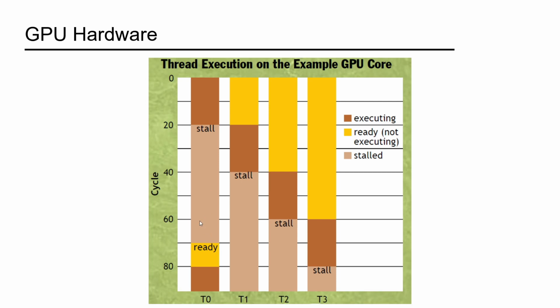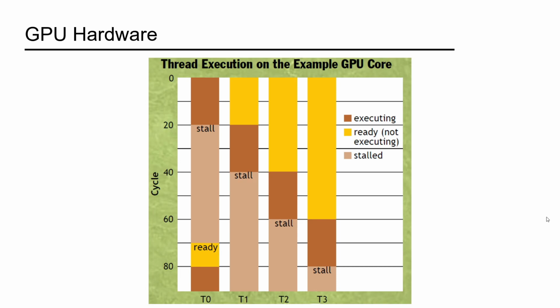Instead of letting the hardware stay idle, we can start executing the next thread until that stalls, and execute the next thread, and so on, to try to keep the utilization of our vector ALUs close to 100%.